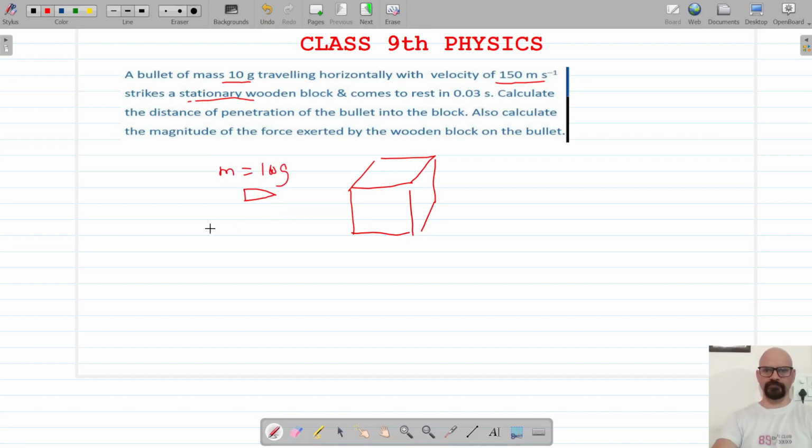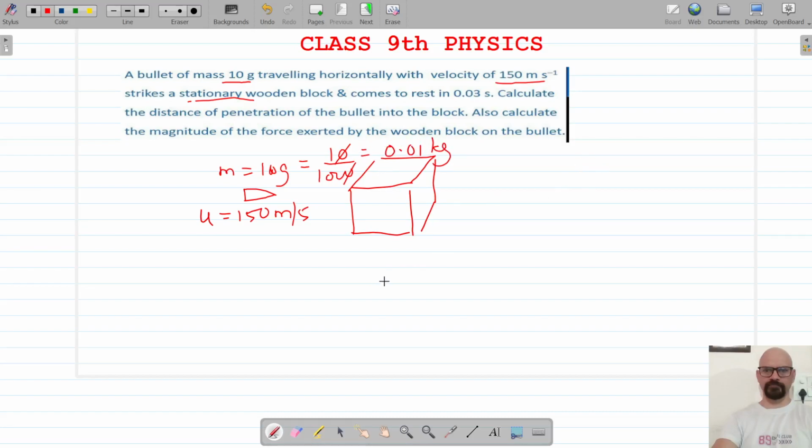This is traveling towards the block with a velocity of 150 meter per second. Let's convert this mass; that should be equal to 0.01 kg.